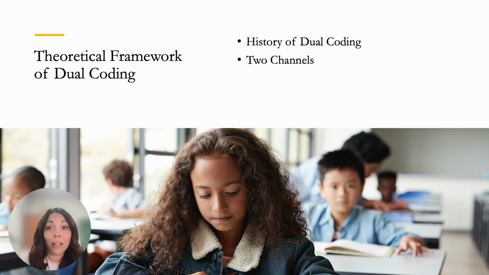Paivio found that learning recognition happened faster when images and words were based on two cognitive channels, the verbal and nonverbal, and that it was more beneficial to use both channels instead of a unitary coding. While separate channels, the two systems are interconnected regarding understanding and learning information.